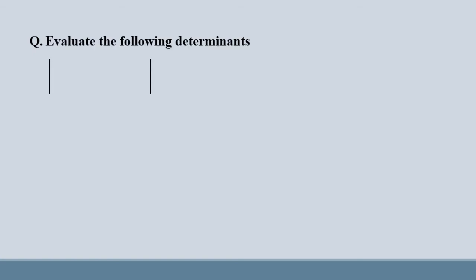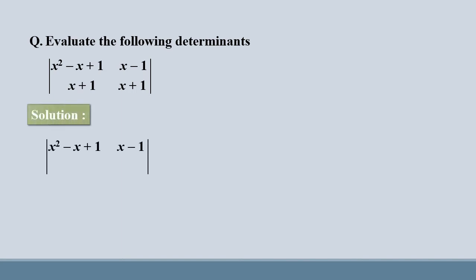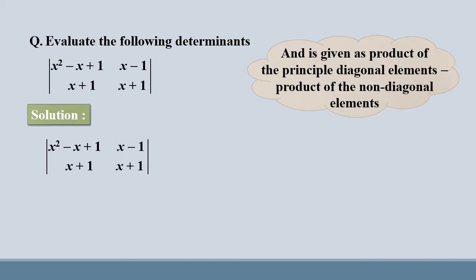Next question. Evaluate the following determinant: x square minus x plus 1, x minus 1, x plus 1 and x plus 1. So again we are simplifying it by considering the product of diagonal and non-diagonal elements. The first element is a trinomial, so we need to multiply this trinomial with a binomial, minus x plus 1 into x minus 1.